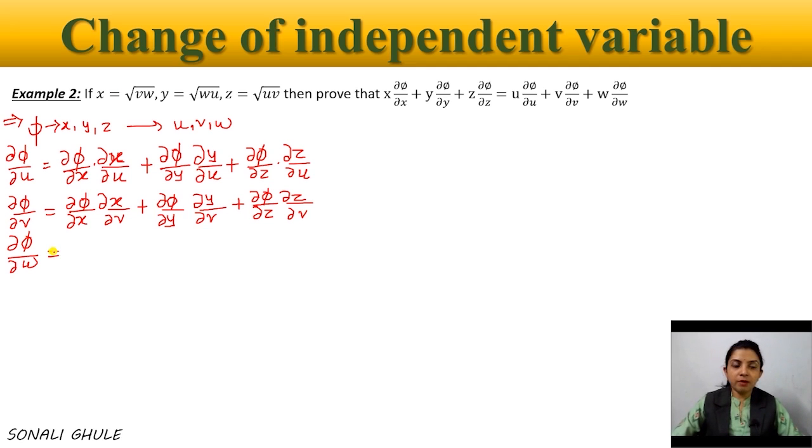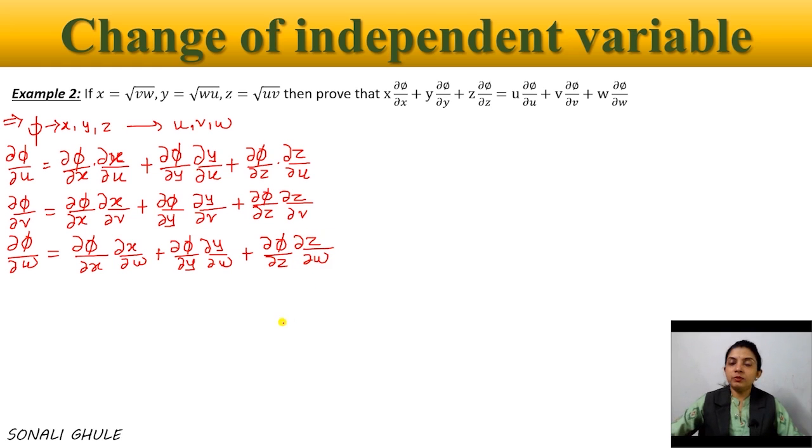So here, ∂φ/∂w, I can write as ∂φ/∂x times ∂x/∂w, plus ∂φ/∂y times ∂y/∂w, plus ∂φ/∂z times ∂z/∂w.